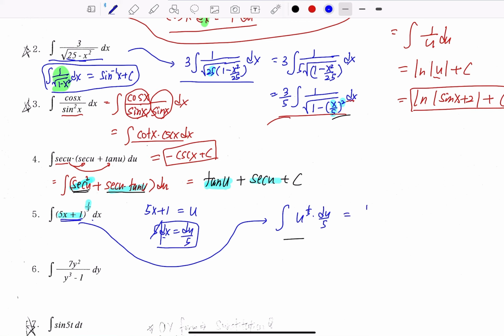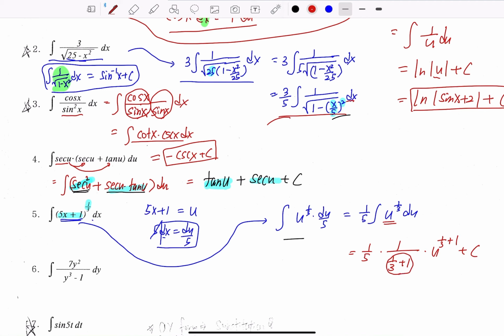So take out 1 over 5, u to the 1/3 power du, and then find the antiderivative of u to the 1/3 power by using the power rule of integration. So keep 1 over 5, 1 over 1/3 plus 1 times u to the 1/3 plus 1 power, plus c.